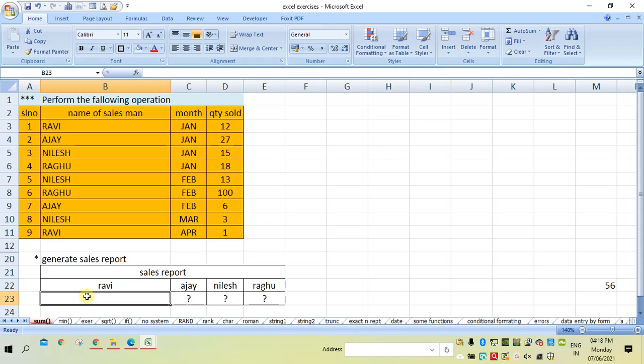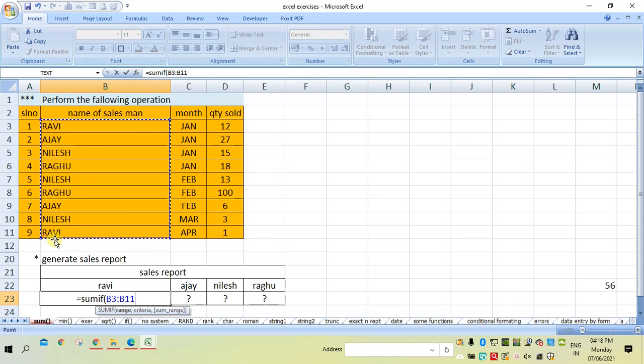First you write SUMIF and then specify the range. The range is from here to here, because each candidate's details are in different rows. Next put the comma. Whose report do you want? In this column I want Ravi's report.